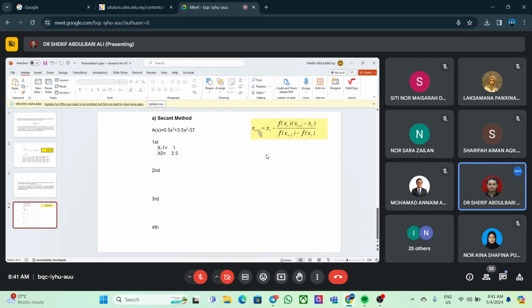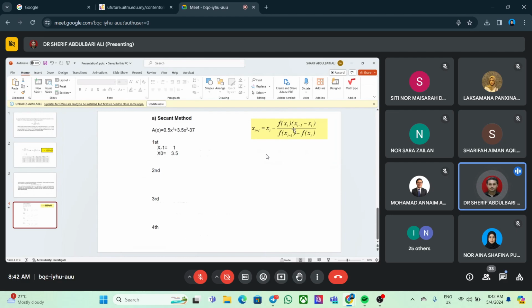What parameters are given to us? x initial is 3.5, and x i minus 1, or x backward, is equal to 1. So when we are looking at the equation for finding the new value of x i plus 1, I need to find the function of x when it's equal to 3.5, and also the function of x i minus 1, so when x is equal to 1.